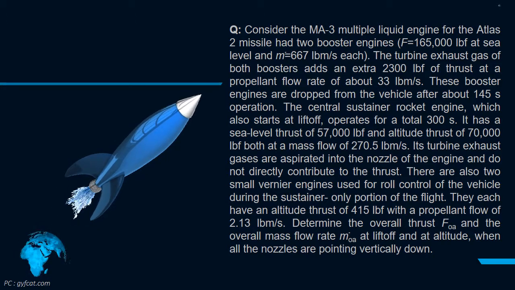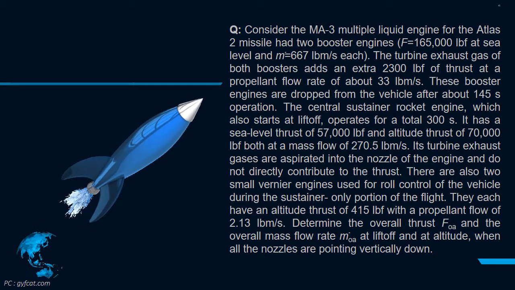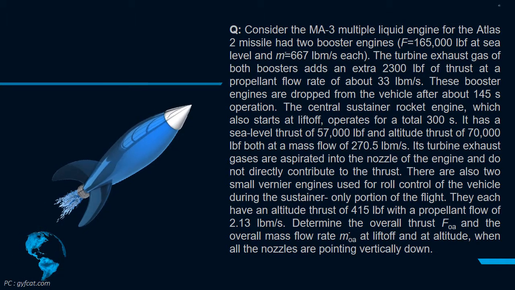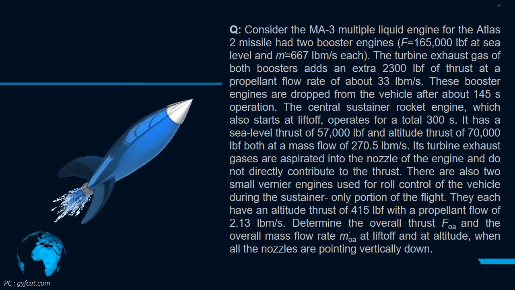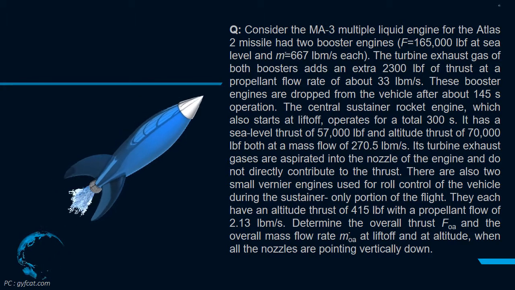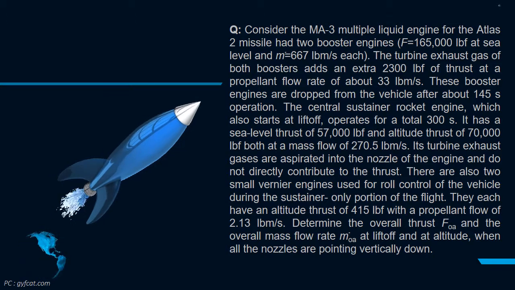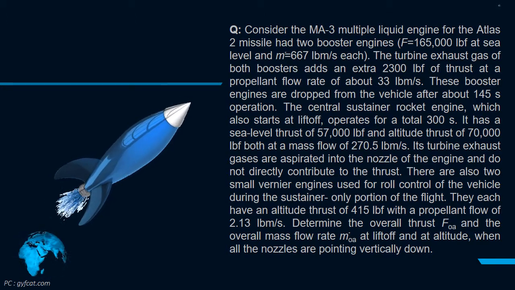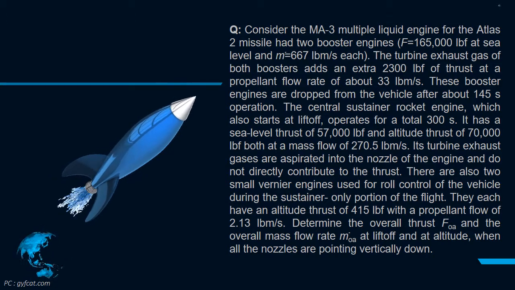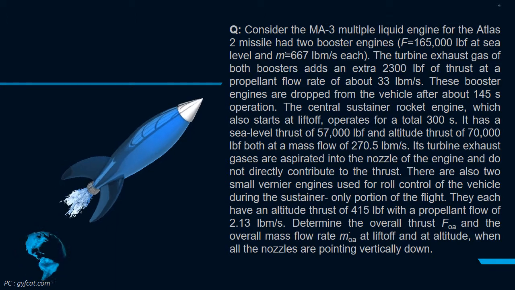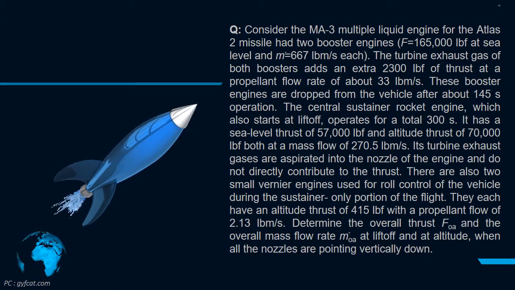These booster engines are dropped from the vehicle after about 145 seconds operation. The central sustainer rocket engine, which also starts at liftoff, operates for a total 300 seconds. It has a sea level thrust of 57,000 pound-force and altitude thrust of 70,000 pound-force, both at a mass flow of 270.5 pound-mass per second.